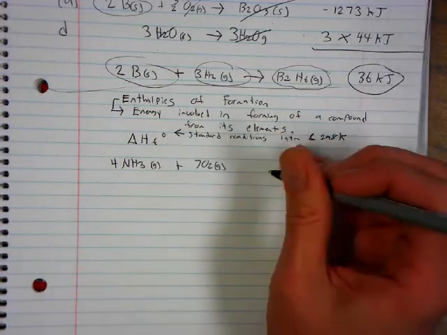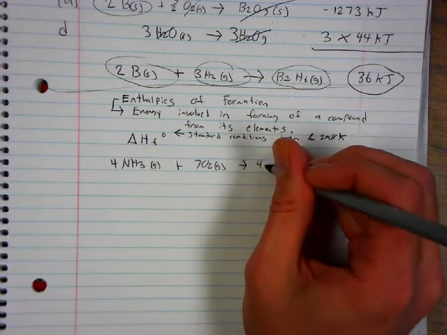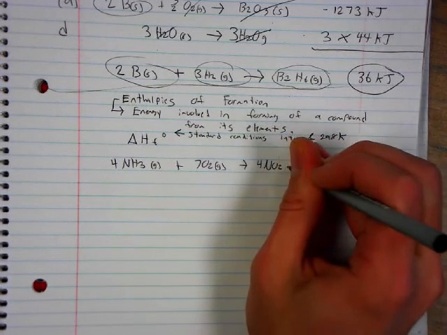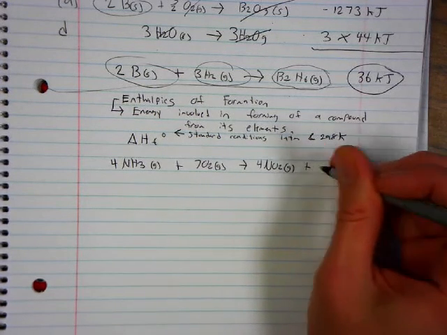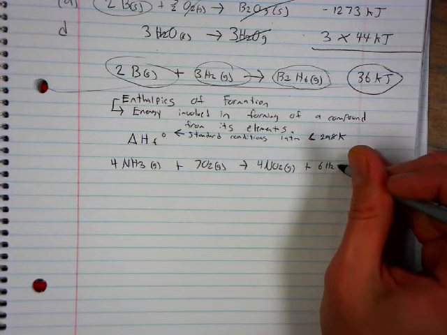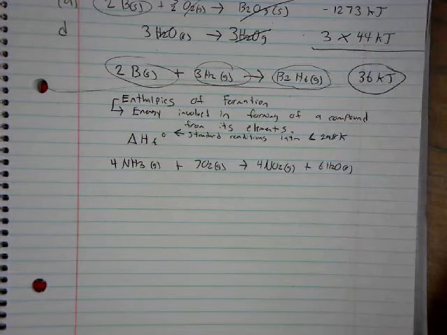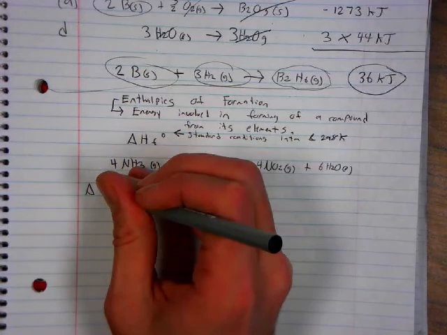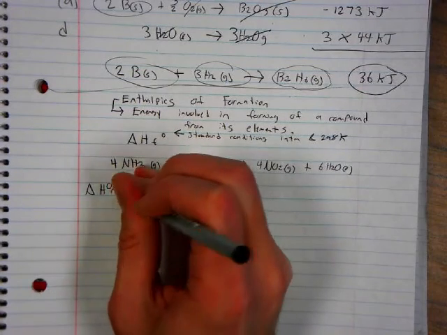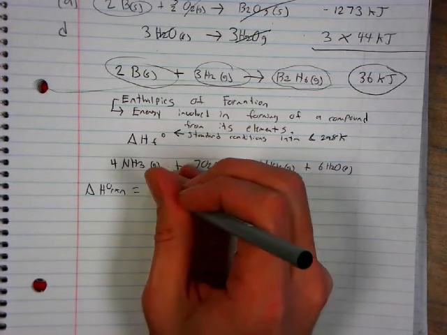So I could give you an equation like the following. I'm going to write it out balanced to save us time. So we have 4NH3 gas plus 7O2 gas yields 4NO2 gas plus 6H2O liquid.